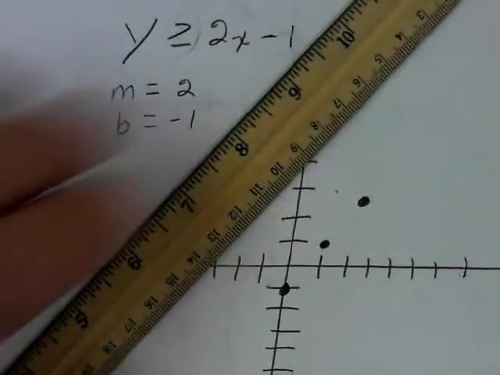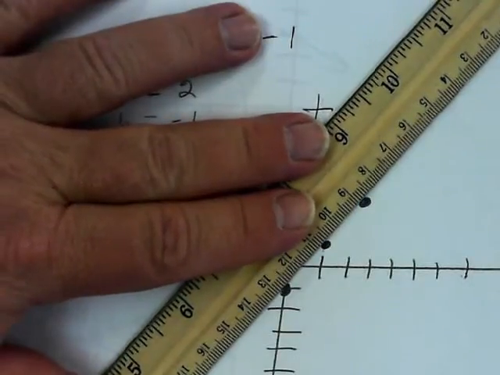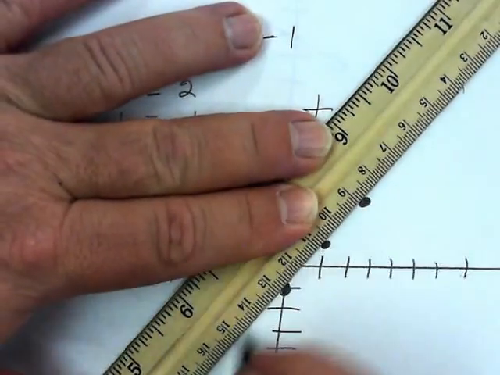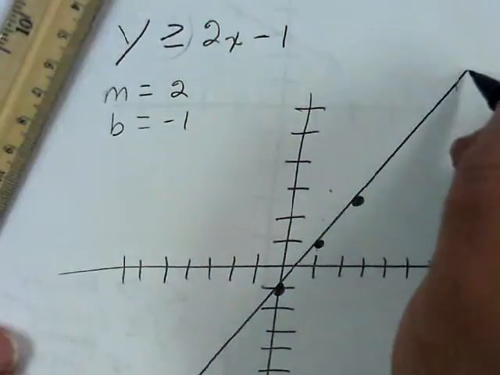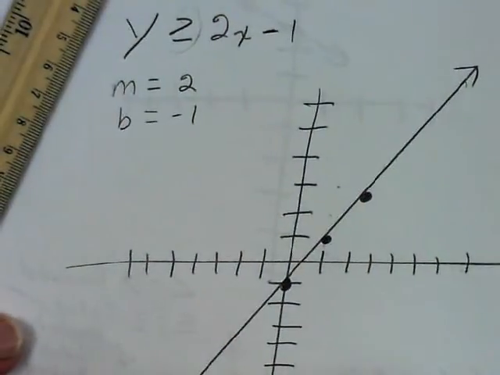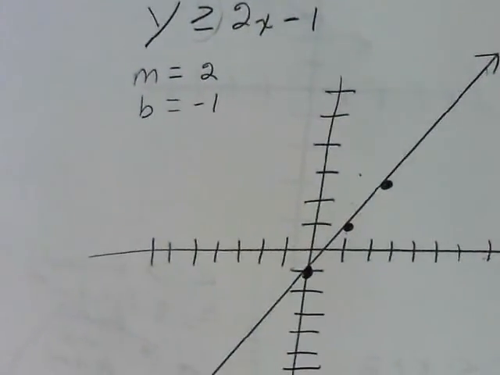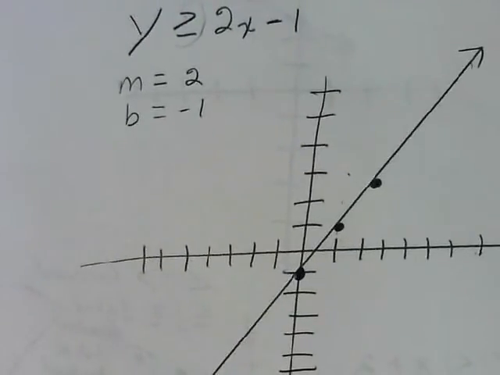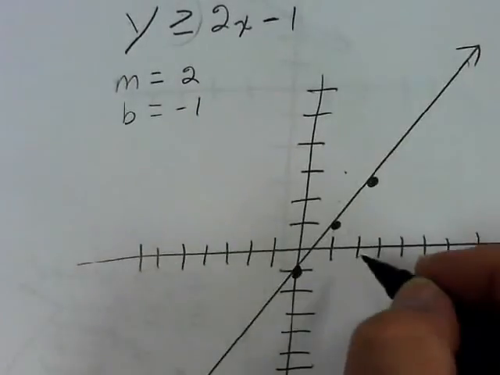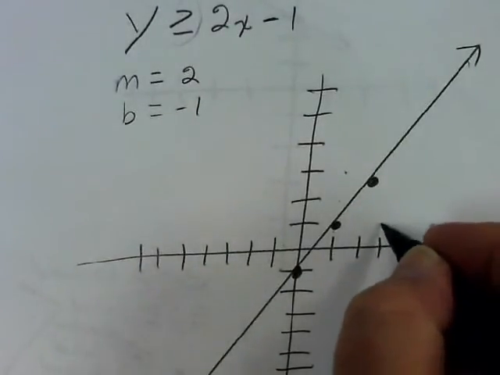Okay, so we need a solid line. So now that I have a solid line, what now? Pick a point. I picked 3, 1, so you picked right here.